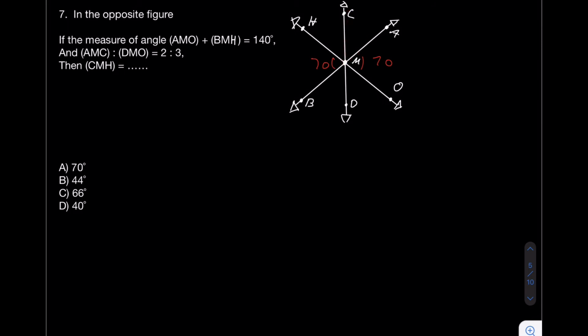So we have that, and then we have the ratio of AMC to DMO is 2 to 3. Here's AMC, here's DMO. Instead of having a very random 2 to 3 ratio, let's put this as 2x and this as 3x, which is basically the same thing, because that ratio means that if the angle AMC was multiplied by a number, it's like 2 times that number, while DMO is like 3 times that number.